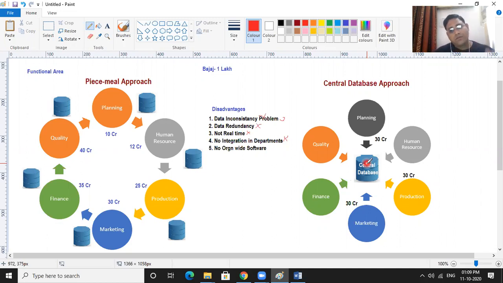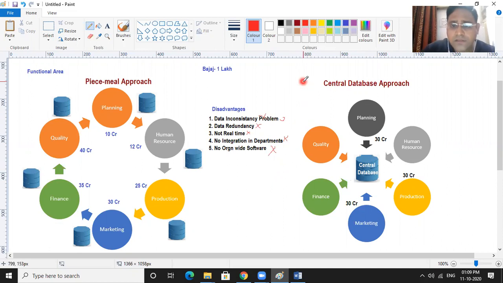So there is one organization-wide software, that is ERP, or any information system, and that same software is providing the functions for each and every department. So organization-wide we have only one software. Now we don't want multiple or n number of softwares, so we have removed this problem as well.